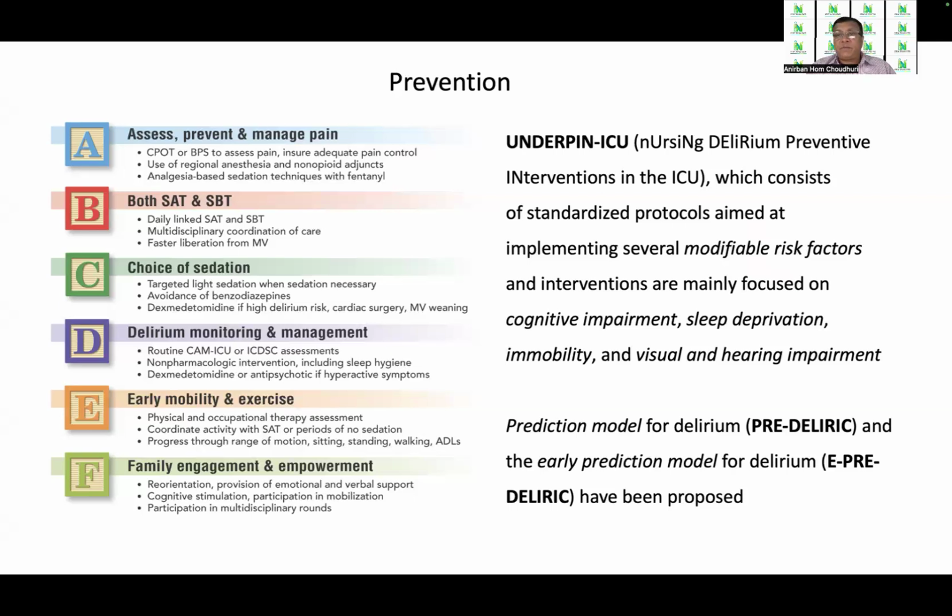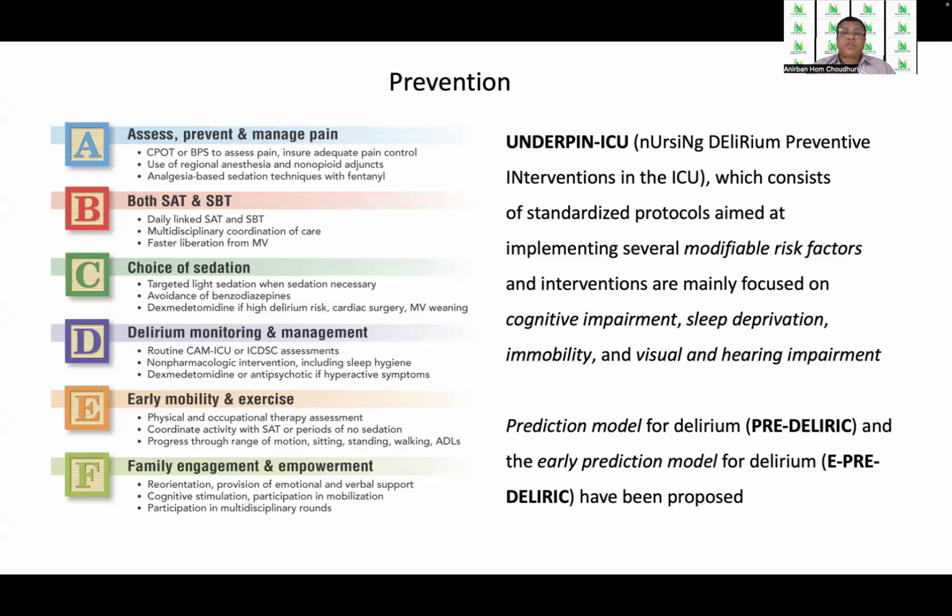Although it comes at the end, probably in importance, it should stand over others. It stands tall over all others. So reorientation, provision of emotional and verbal support, cognitive stimulation, participation in mobilization, participation in rounds, they are all important.